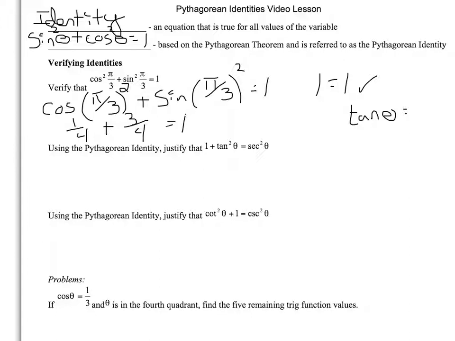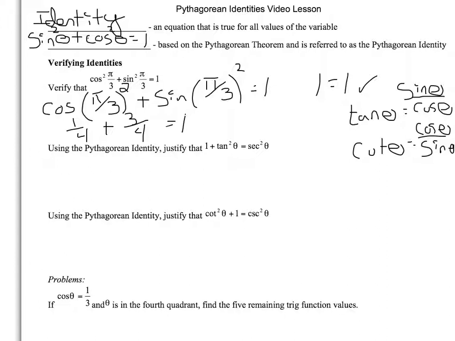But tangent is also equivalent to sine theta over cos theta. That means cotangent theta, while it is 1 over tan theta, it is also equivalent to cos theta divided by sine theta. That's going to help us today.